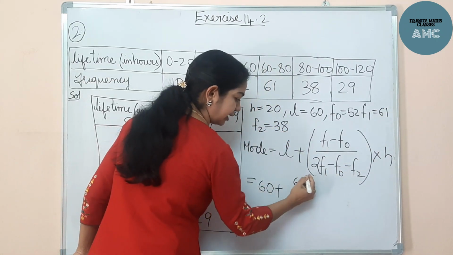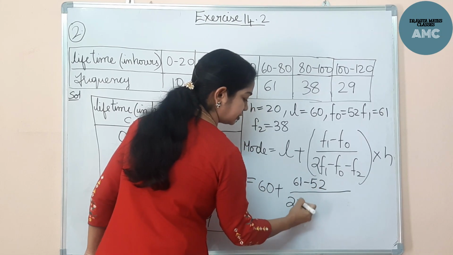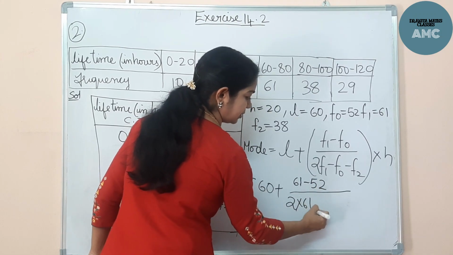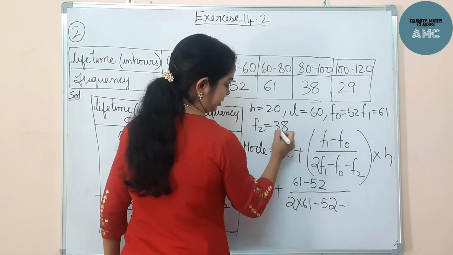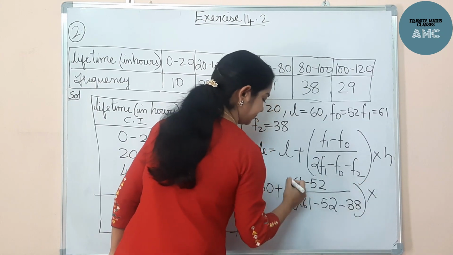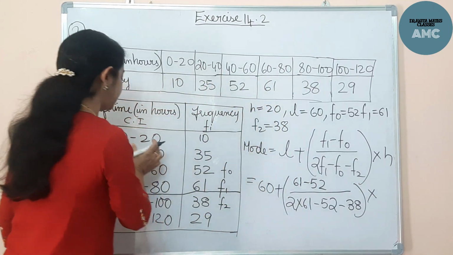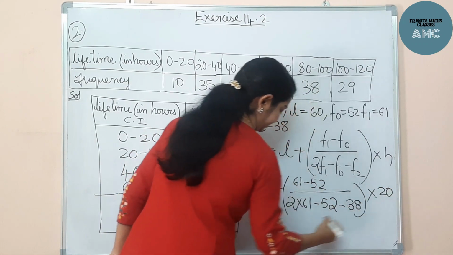So 61 minus 52 by 2 into 61 minus 52 minus F2, which is 38, multiplied by H, the size of the class interval, 20.